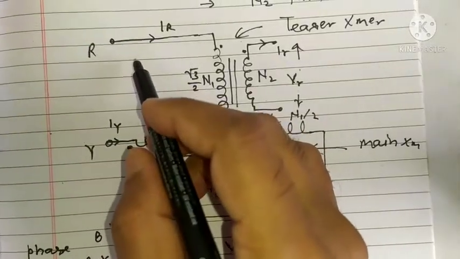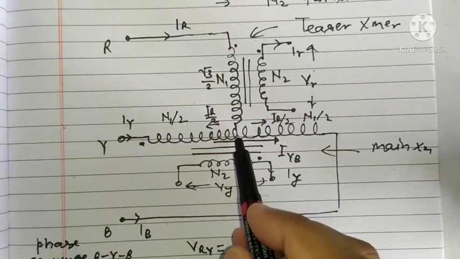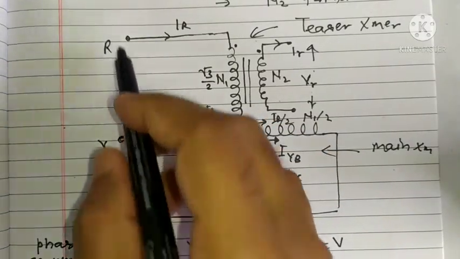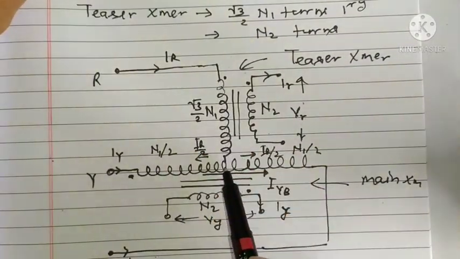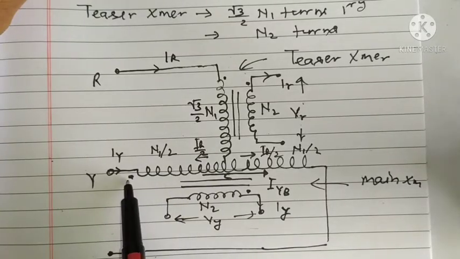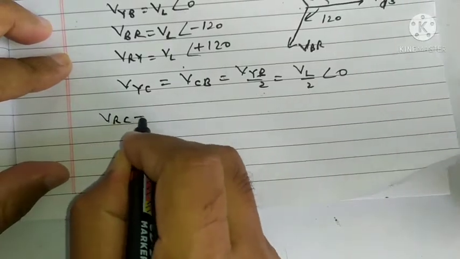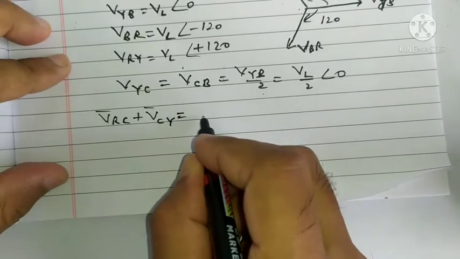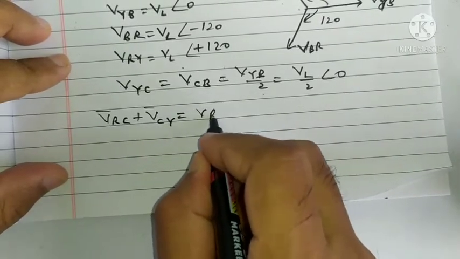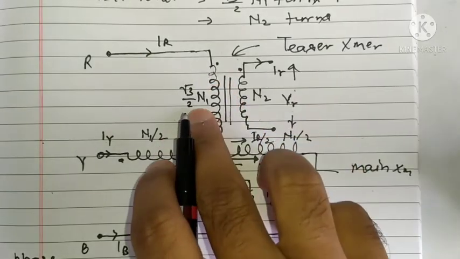Right. If I apply KVL in this loop, VRC plus VCY will be VRY. So I can write here, you can see, voltage here VRC plus VCY equal to VRY. Now I want to check the voltage across this, and why the turns are root 3 by 2.